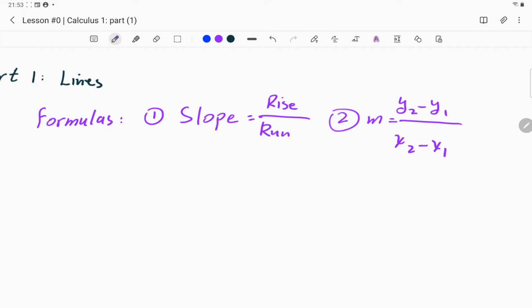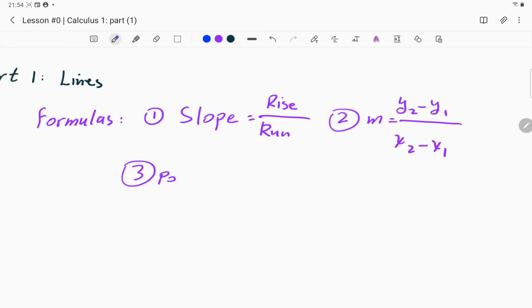Both of them basically mean the same. You just need to understand rise over run: the top one is the rise, which is the y-axis, and the bottom, the denominator, is the run, which is the x-axis.